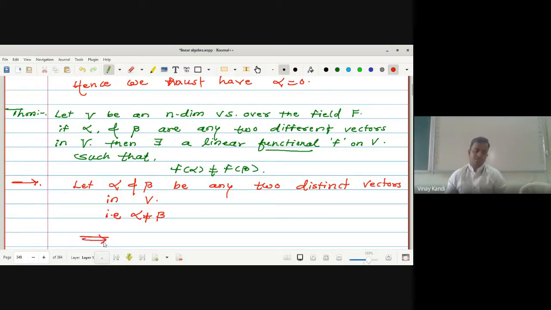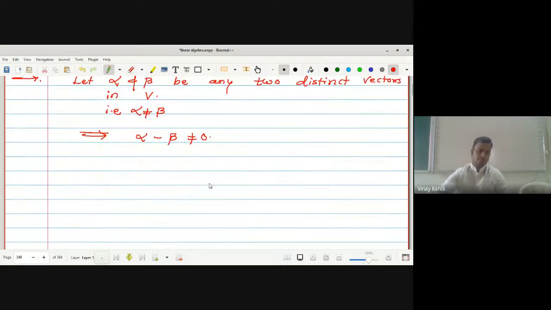This implies alpha minus beta is not equal to what? 0. Is it correct? Yes, sir.